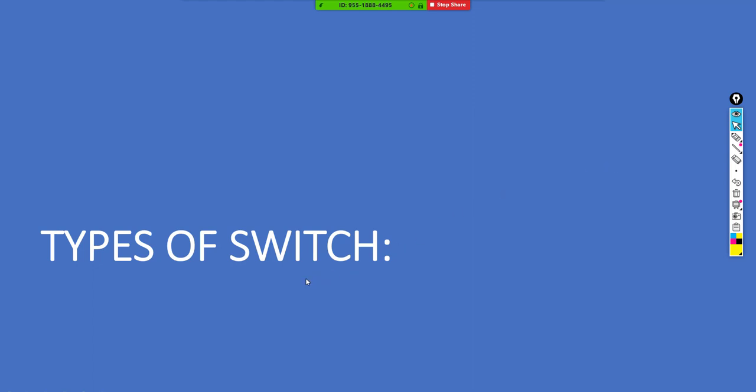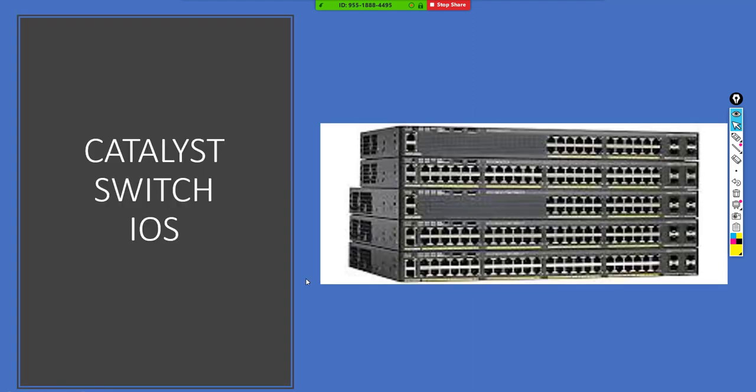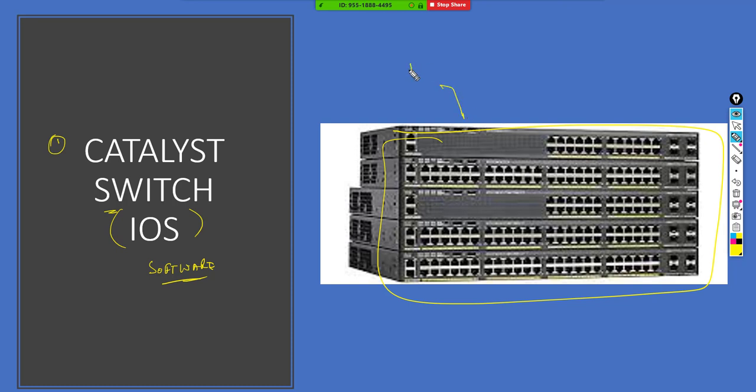Okay, types of switches. One type of switch is the Catalyst switches. This is the software that is loaded inside these switches. Basically, these switches come with some pre-built IOS.